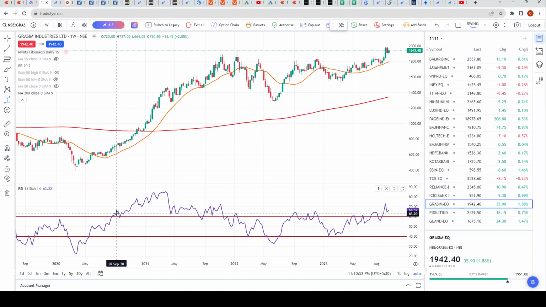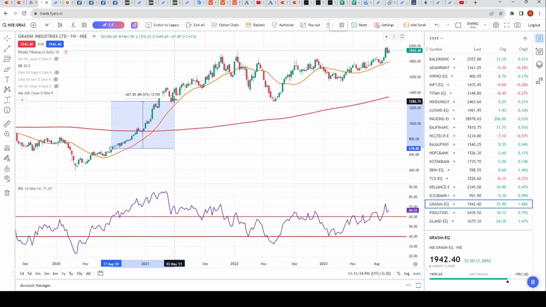For a person who had really the guts to hold it, he could have taken a very big ride on this. But say we are not that person and we are safe players, so we could have bought it over here somewhere and then at least ridden till this top. So we would have got 227 rupees or 225 rupees, something like that.